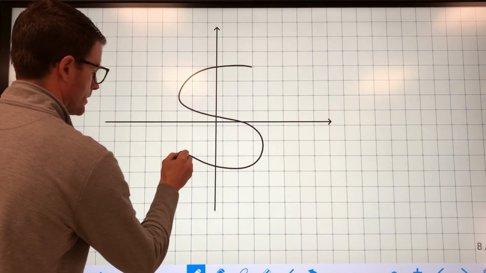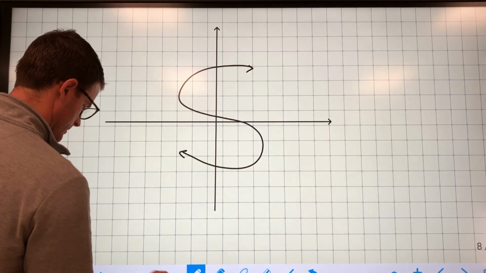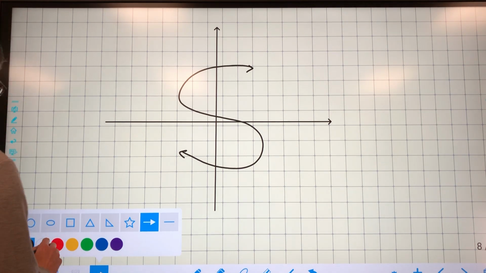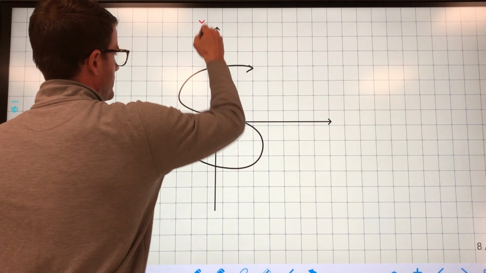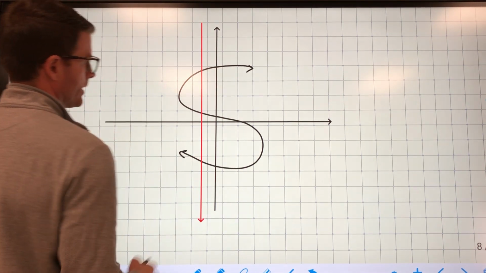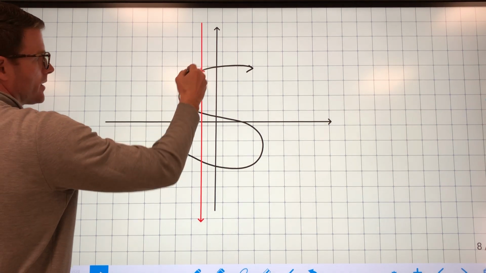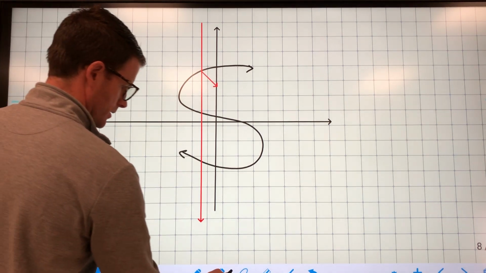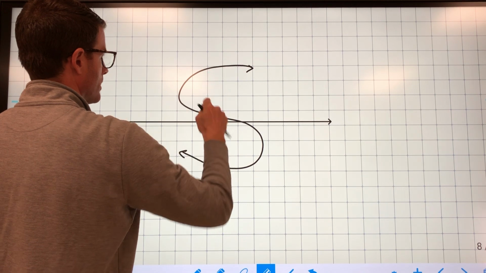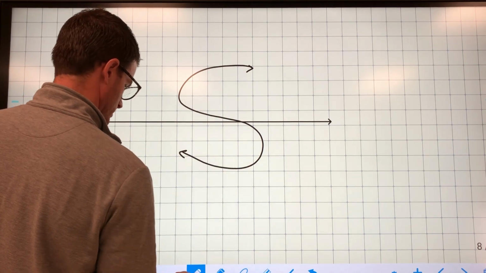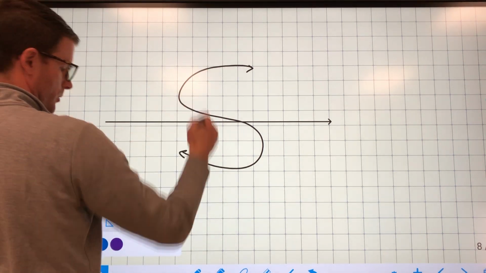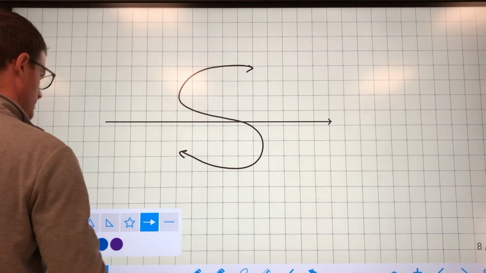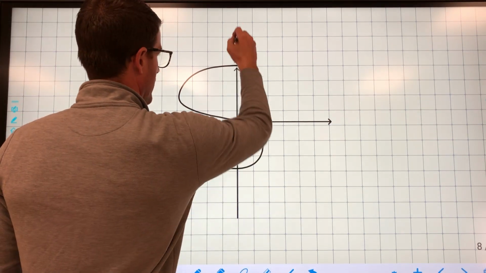We graph something and it comes out like this, and we ask, is this a function? We do our vertical line test, and we see very quickly that this vertical line passes through here. Sorry, how do I undo that? Struggling with the whiteboard today. Get my y-axis back here.